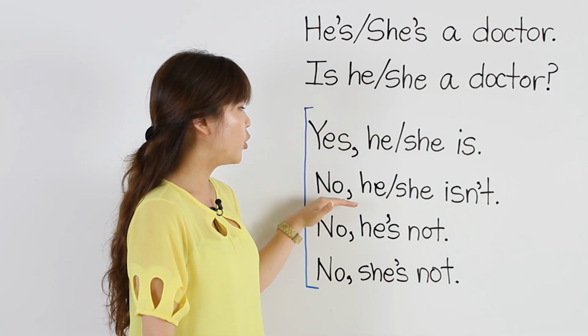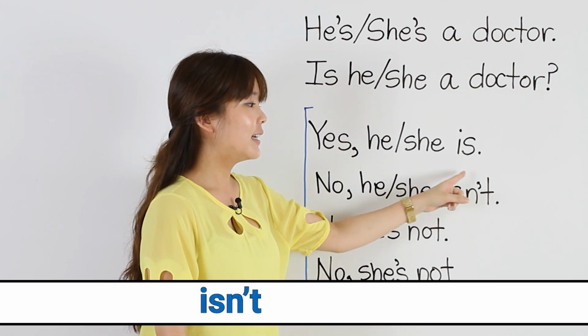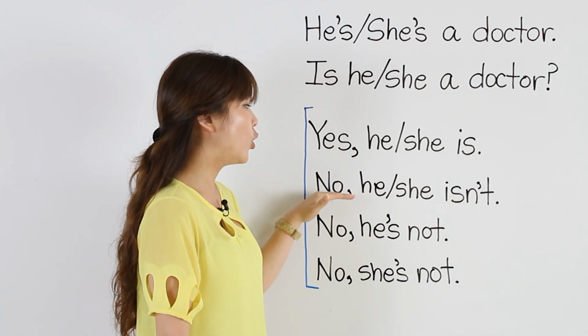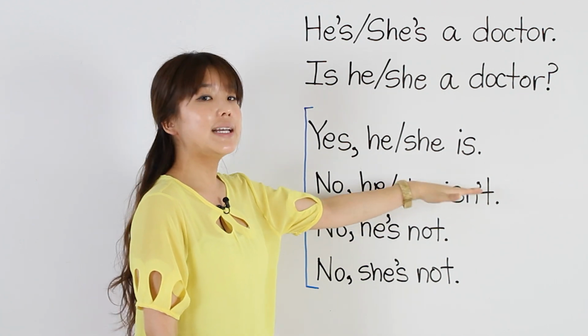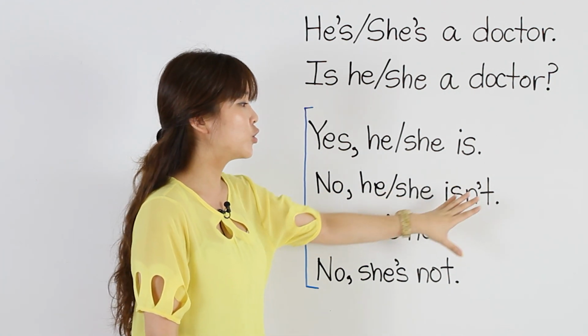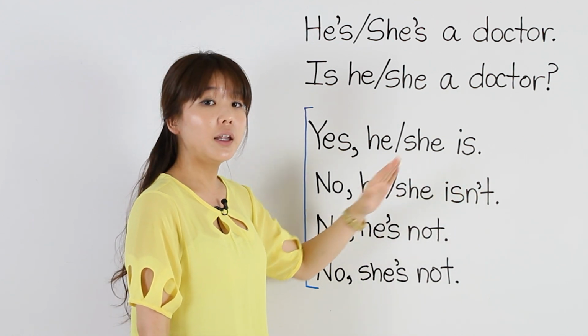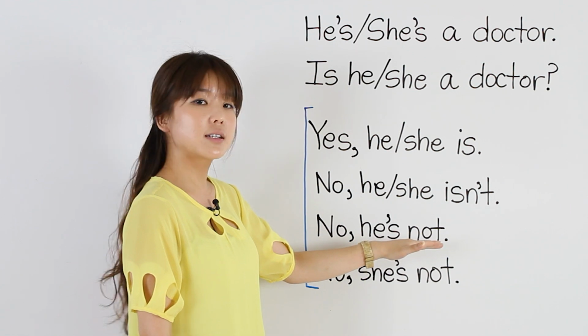it. No, he isn't. Okay, isn't is a contraction for is not. Okay, no, he isn't. Or, no, she isn't. Okay, so you can use she isn't, he isn't. Another answer you can give is no, he's not.